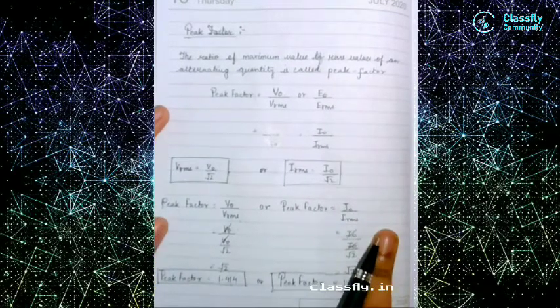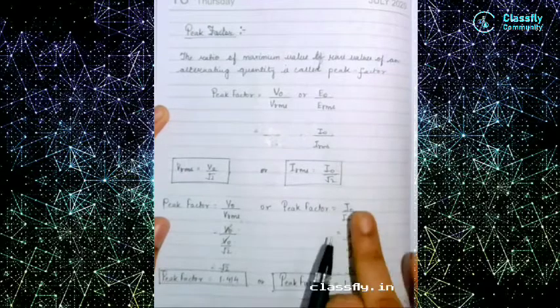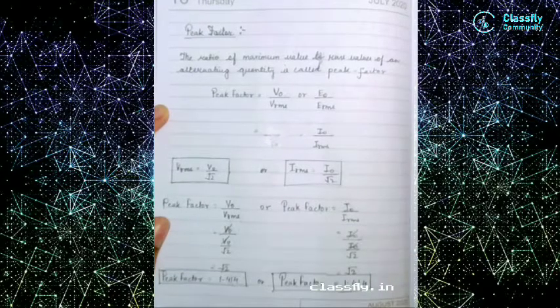Similarly, for the peak factor of the current, which is I naught by Irms, we write I naught, and Irms is equal to I naught by root 2. Solving this, we get 1.414. So the peak factor for both voltage and current is 1.414.